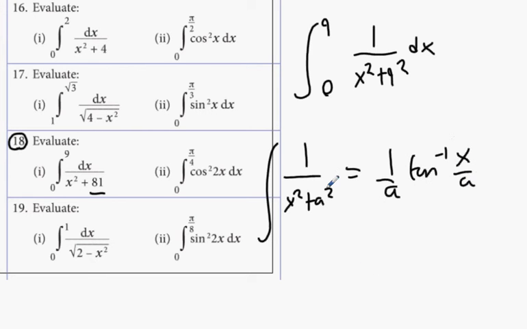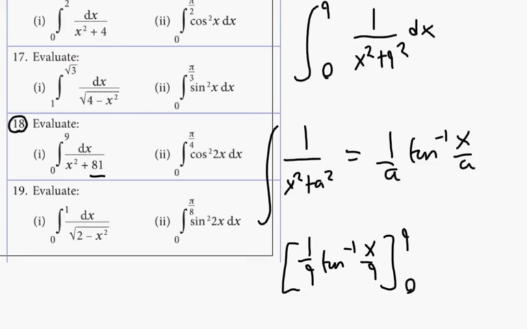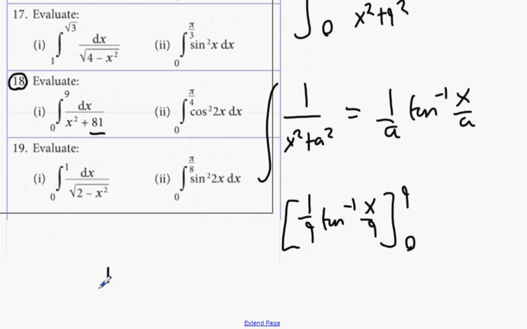So that's what we're going to do here. It's going to be 1 over 9 tan inverse x over 9, going between the two limits, which are 9 and 0. And then we're going to get 1/9 tan inverse 9 over 9. Anybody? 9 over 9 is going to get us to 1.